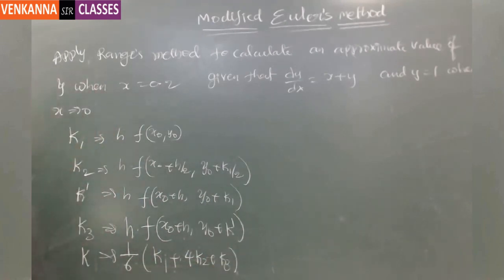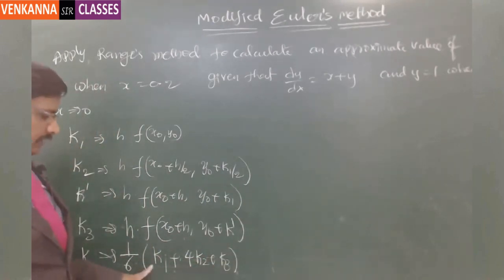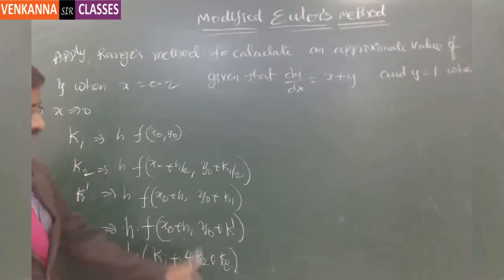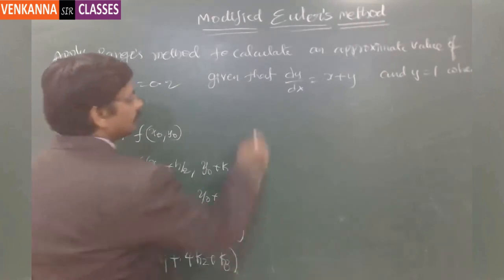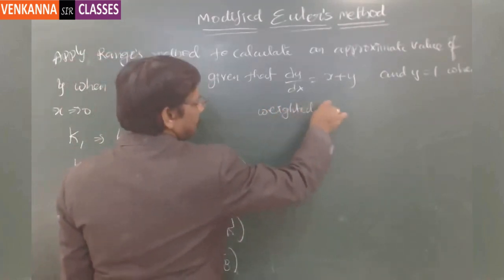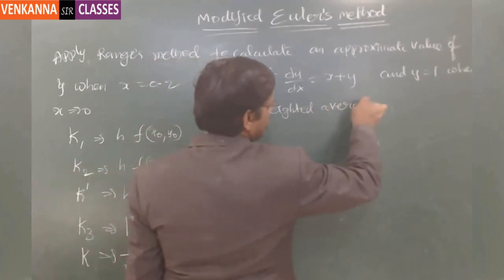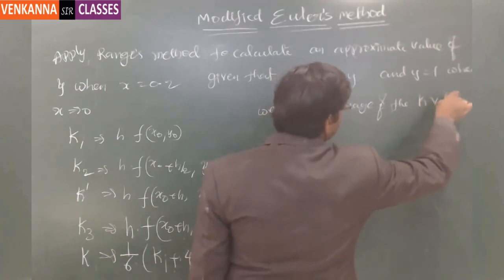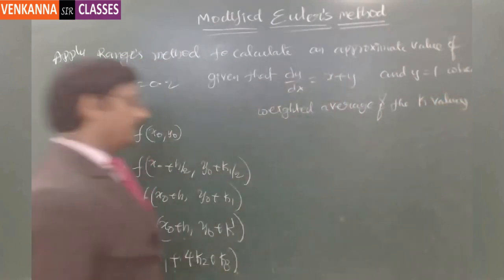Here if you notice, in the denominator it is 6 and the sum of the coefficients is again 6. So essentially this is the weighted average of the k's.